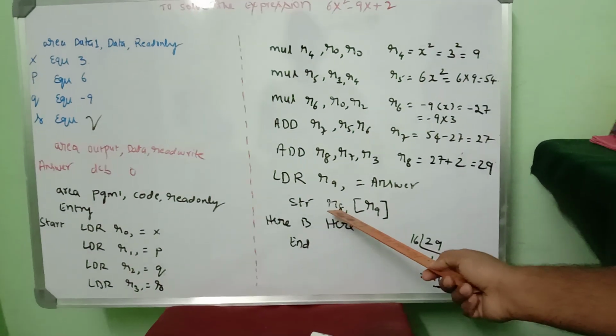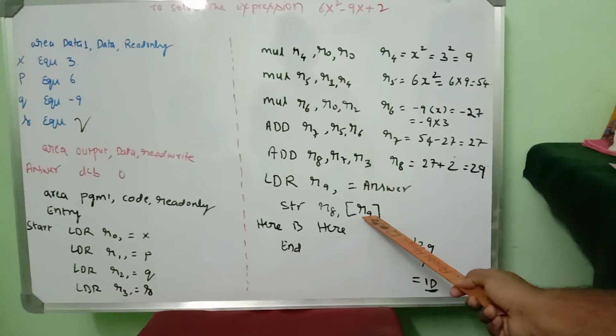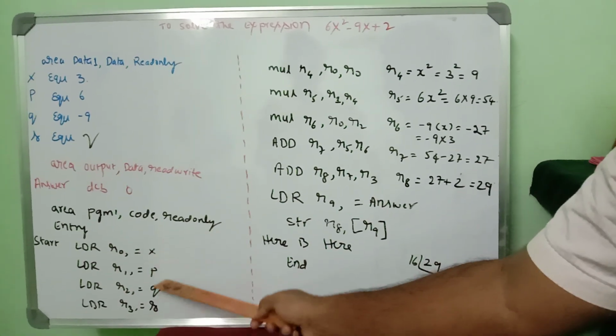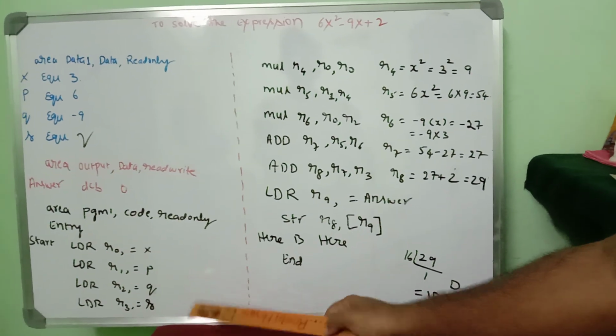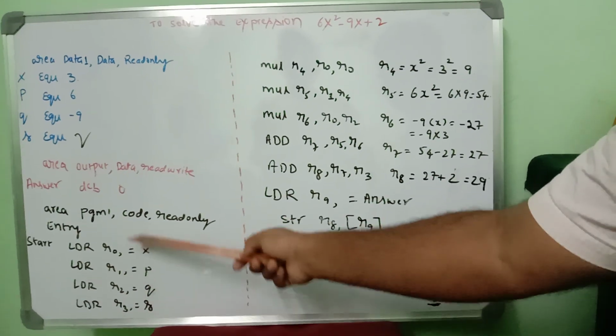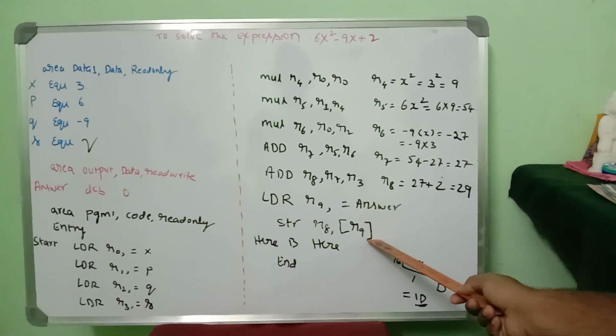R8 is the register. So the transaction is taking place between a register and a memory location. Then it is store. Whereas as you can see, X, P, Q, R, they are not actually the memory locations, they are the data. So these are the pseudo load instruction. This is the real store instruction.